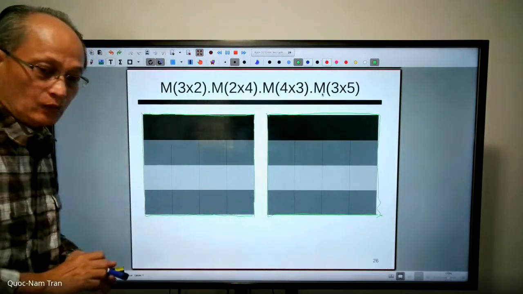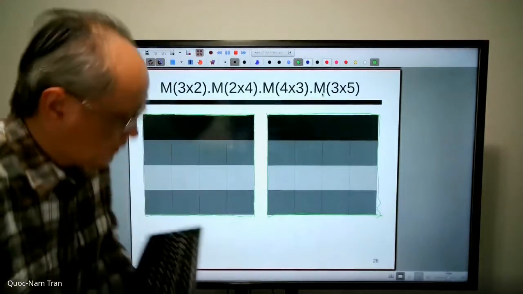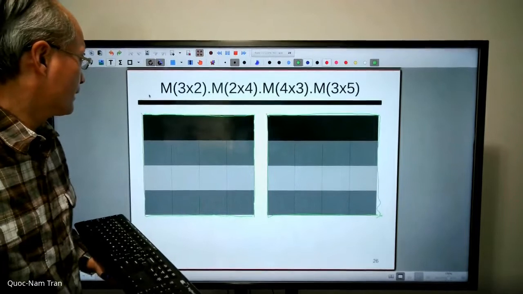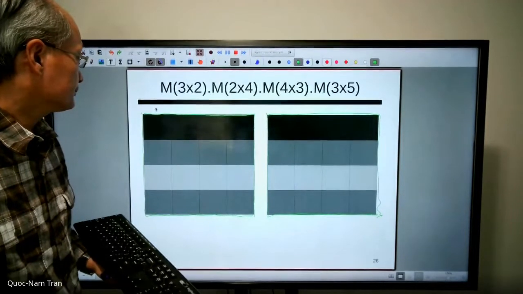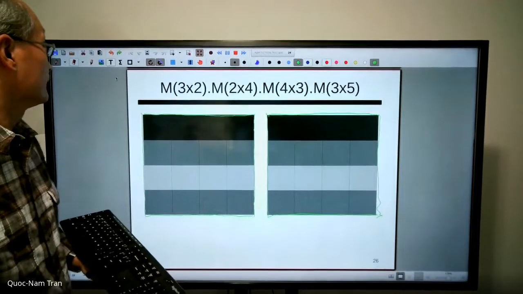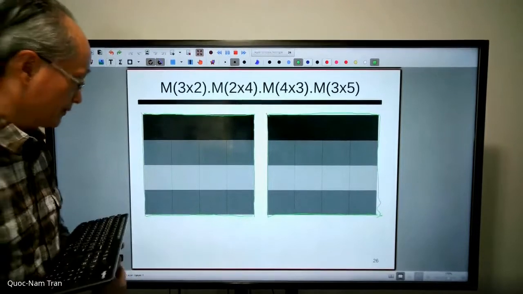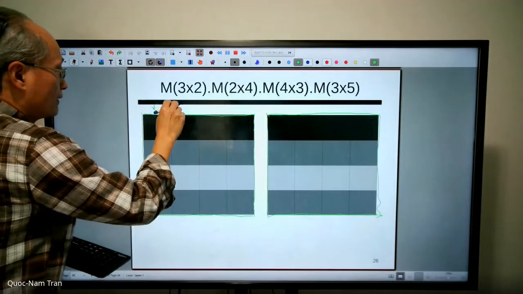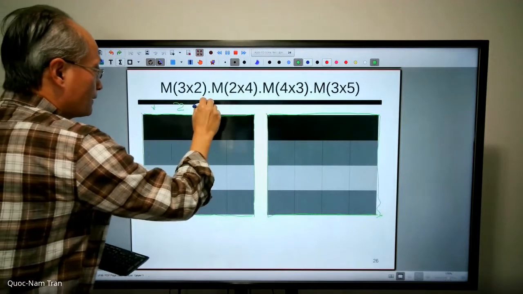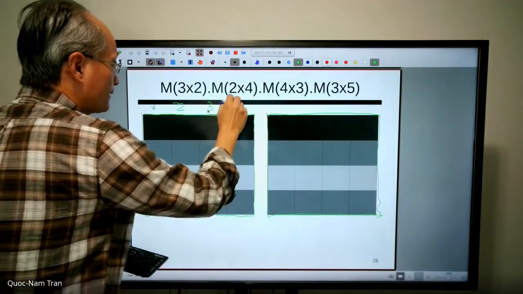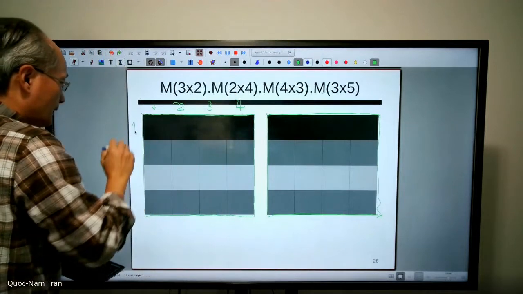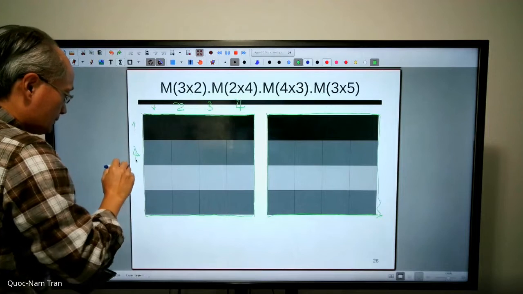So I will start with 2 tables and then I will number them here. 1, 2, 3, 4.